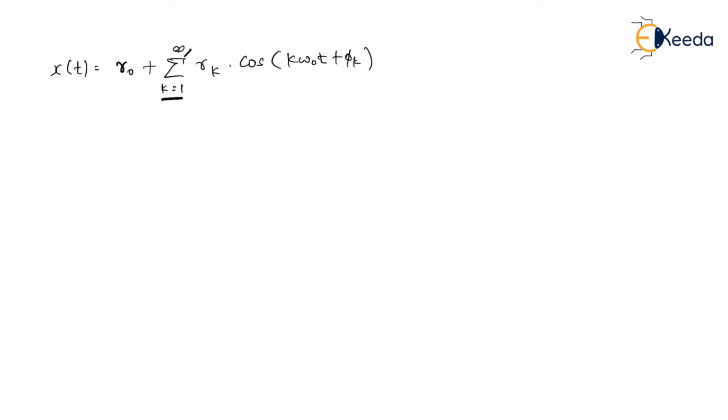And let me tell you, if k is always positive, then it is varied from 1 to infinity. So when k equal to 1, you will get omega naught. For k equal to 2, you will get twice of omega naught. K equal to 3 will give you thrice of omega naught, and so on. You know that all of them are harmonics, and this is nothing but your fundamental frequency component.